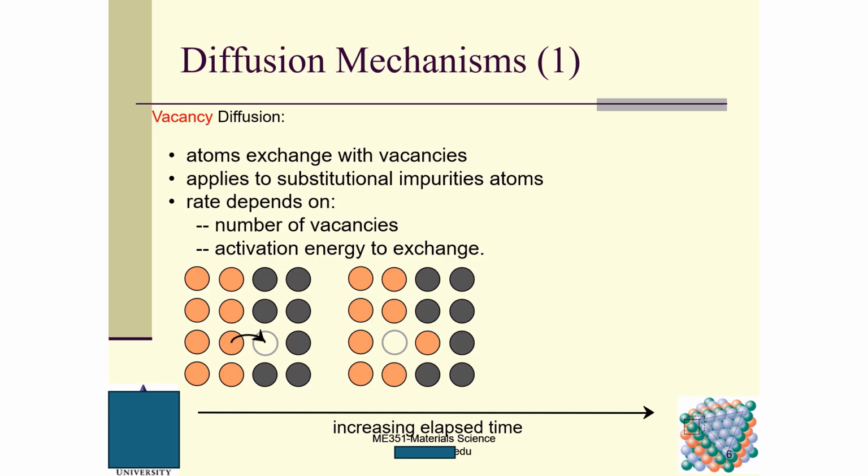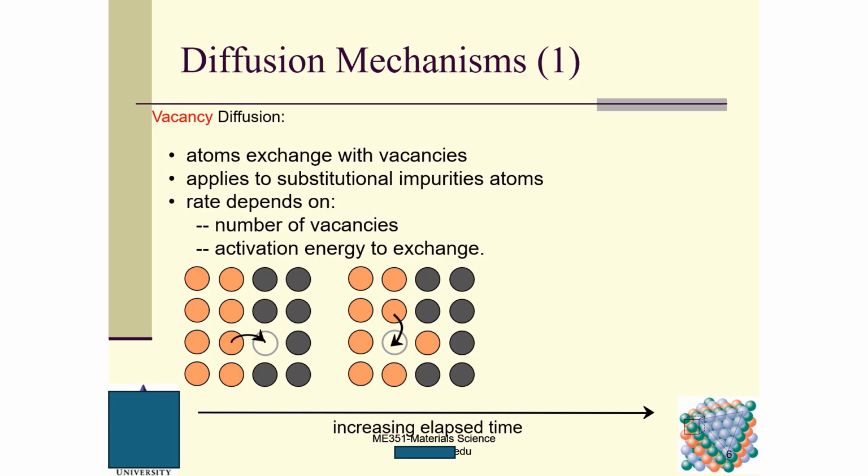You can regard this vacancy as another atom, a different atom with almost identical radius and electronegativity. So this is increasing elapsed time.